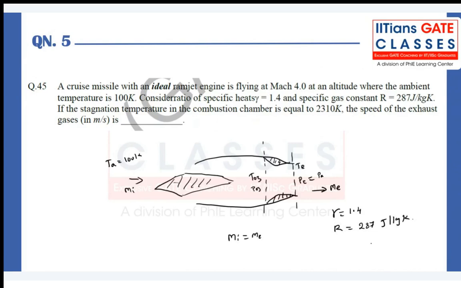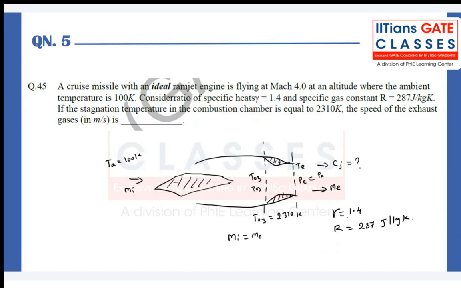And T03 is specified to you, that is 2310 Kelvin. So these are the conditions we have at hand. All they are asking is what is the exhaust jet velocity, that is, what is CJ.